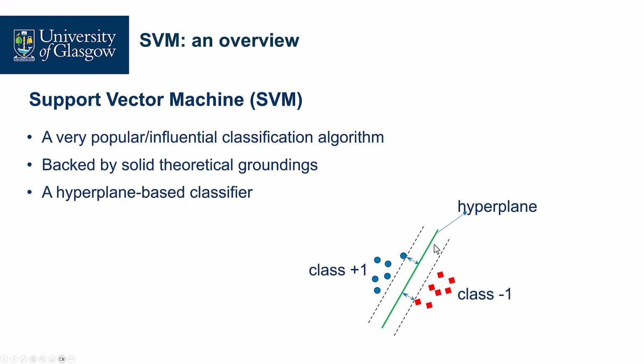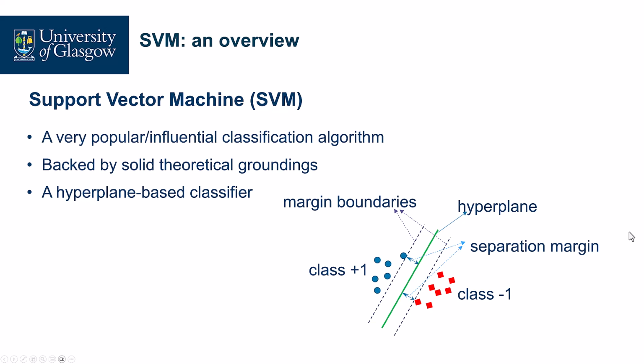SVM separates data by this hyperplane. And for this point and this point, these are the nearest points to the hyperplane, right? We can see the distance between the dashed line and the green line. We call it the separation margin. Another concept, the dashed lines themselves, we call them margin boundaries.